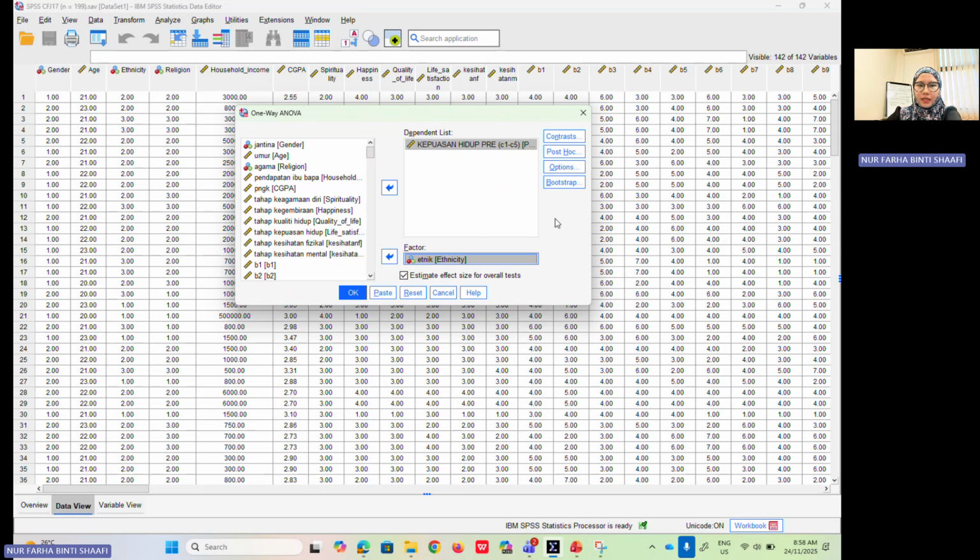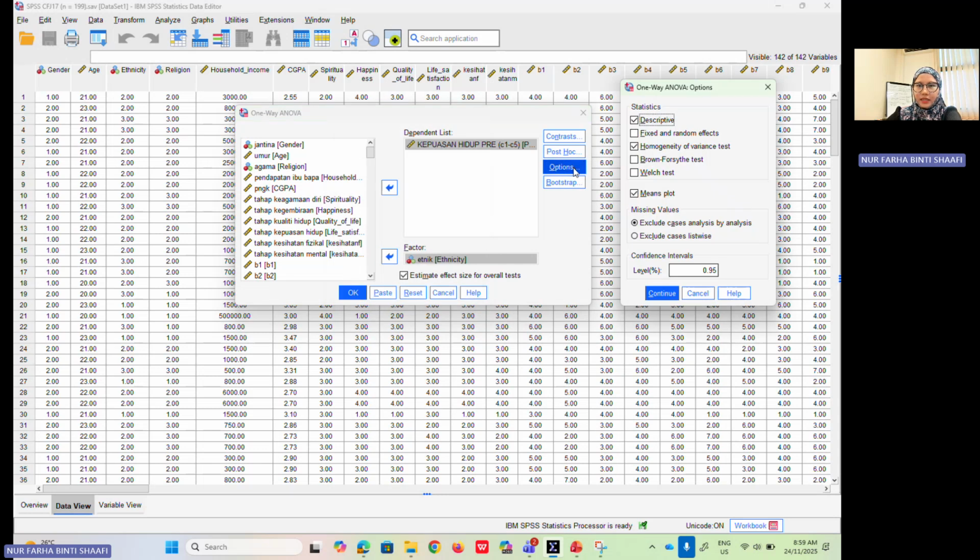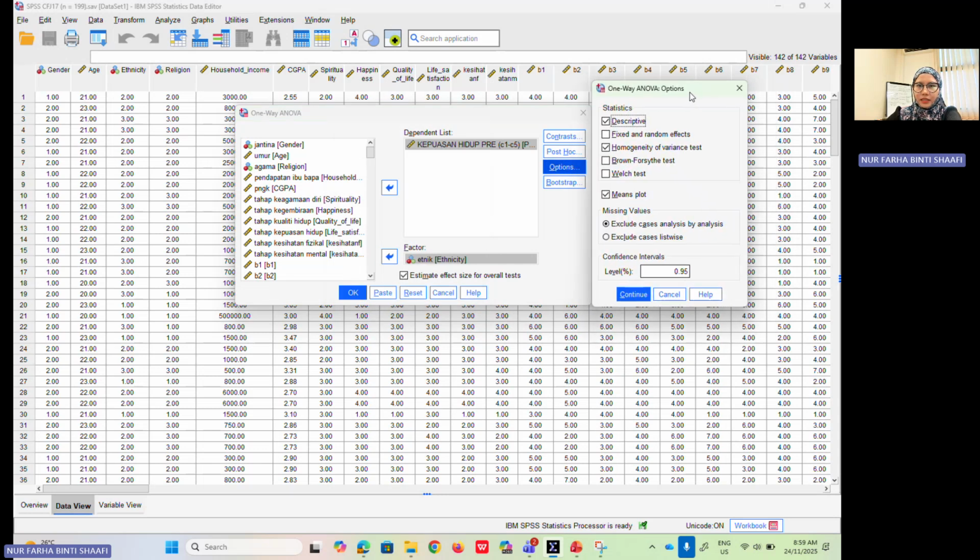What else do you need to do? On the right-hand side here, you have several options. The one that you need to click is the one with the word Options. You click on it and there will be a pop-up, the One Way ANOVA options.